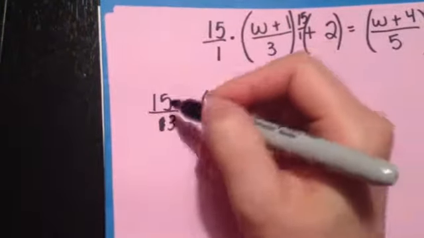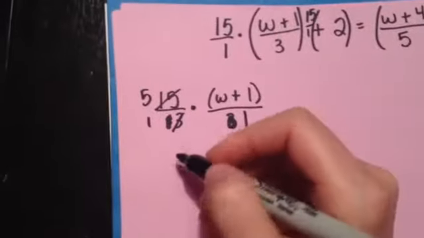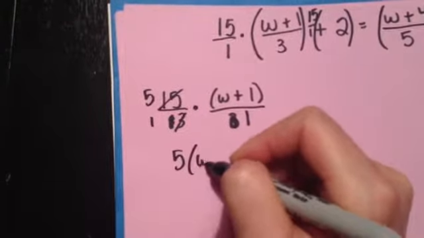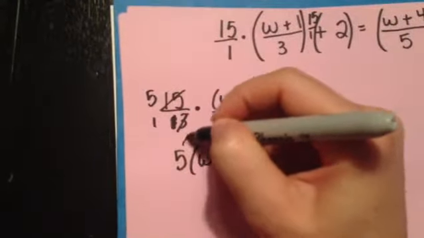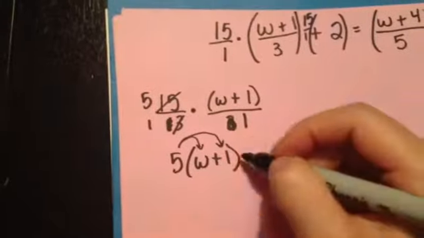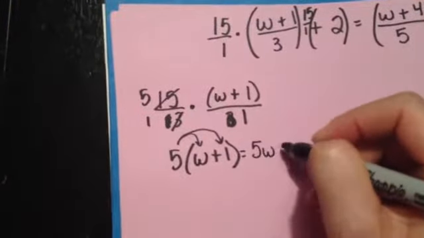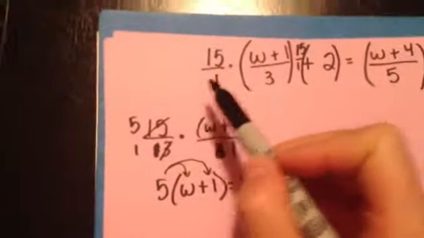That becomes 5 over 1, or just 5, leaving 5 times w plus 1. Using the distributive property, 5 times w plus 1 becomes 5w plus 5. That was just this piece up here.